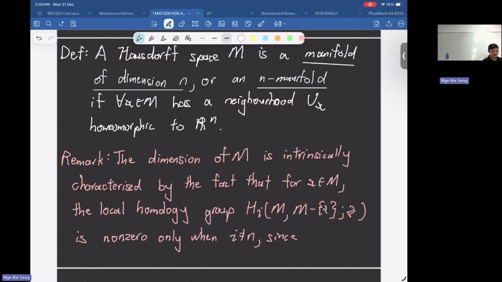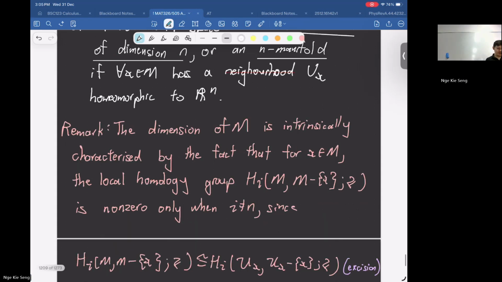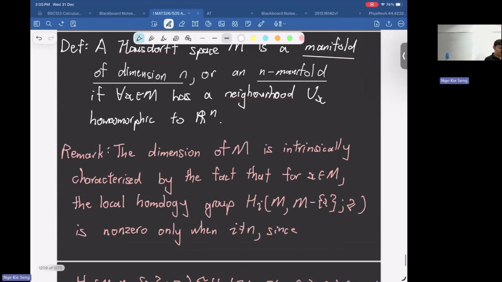And for every point x in X, there's a neighborhood U_x homeomorphic to R^n. Just homeomorphic, we don't need diffeomorphic here. Weaker, yes. So the remark here is that the dimension of M is intrinsically characterized by your local homology group.